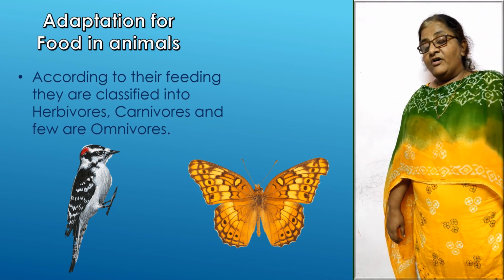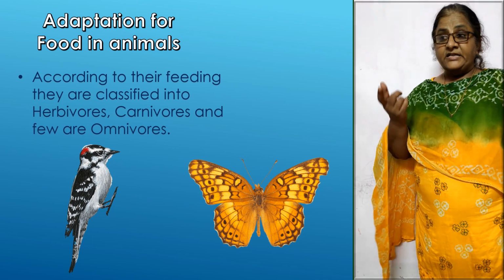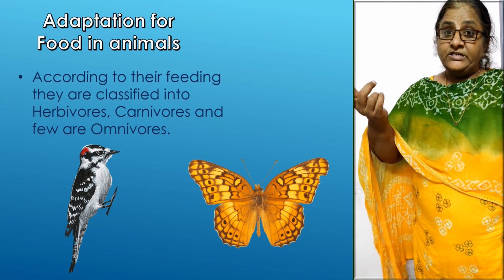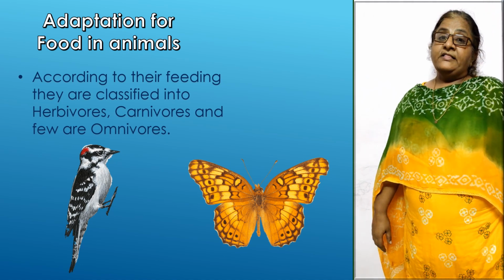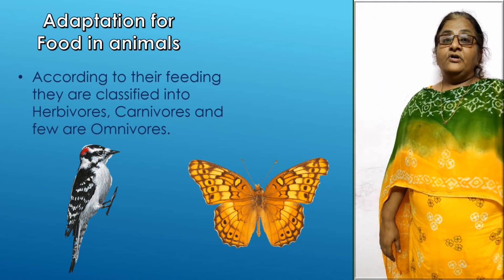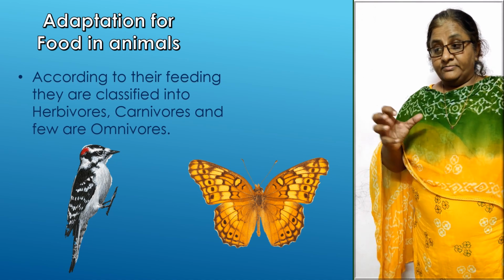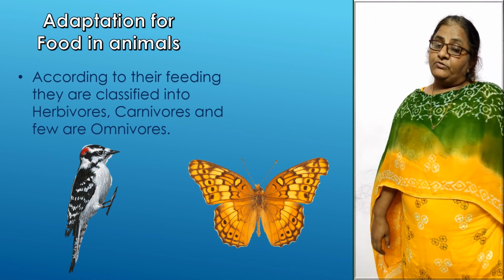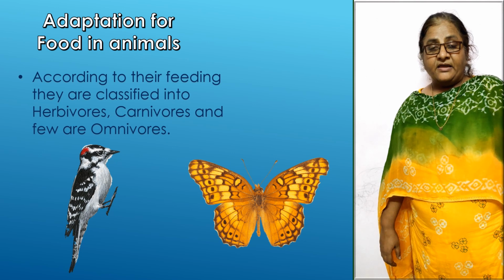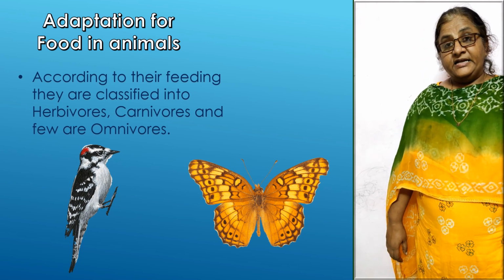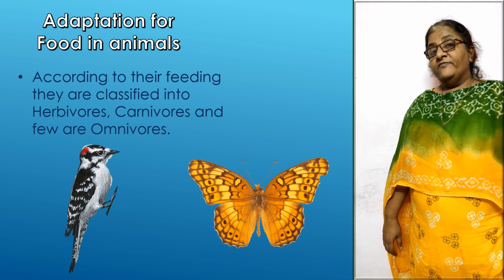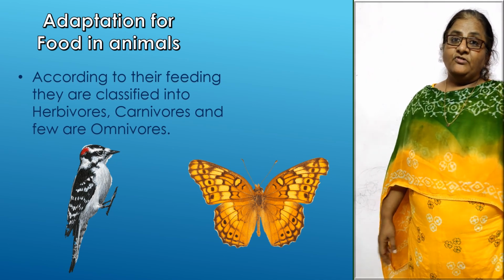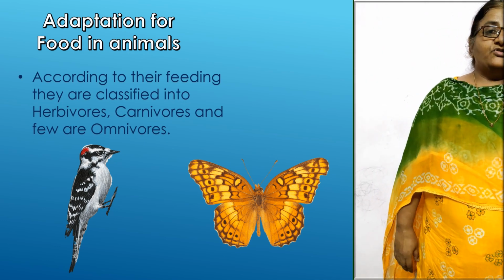The frog has a long, sticky tongue which helps to catch the prey, while the snake has a wide mouth which can catch its prey. At the same time, the squirrel nibbles its food with the help of its mouth. So these are the different modes of intake of food.